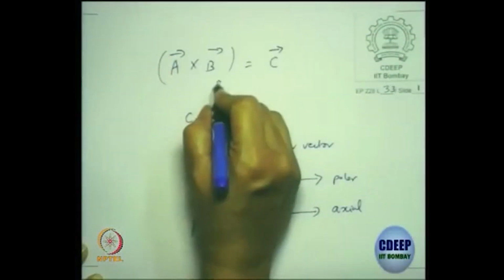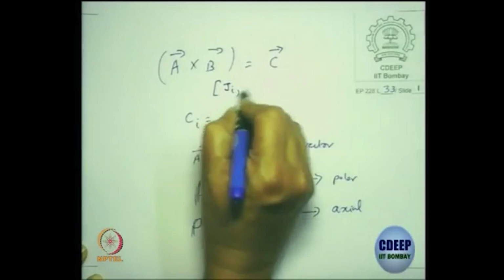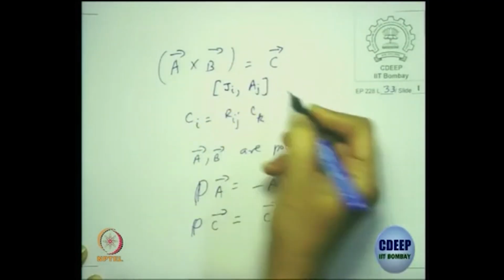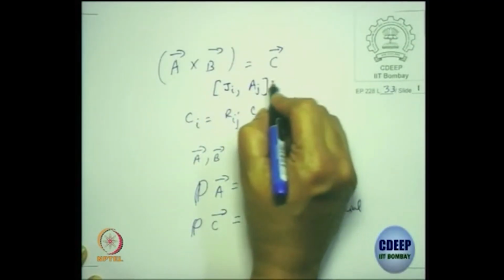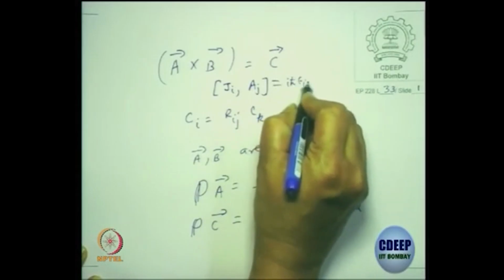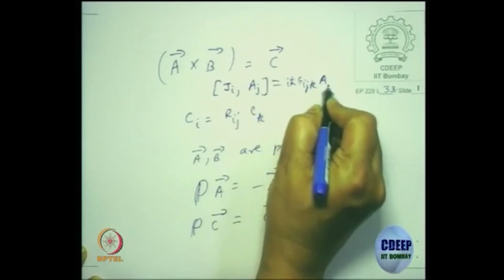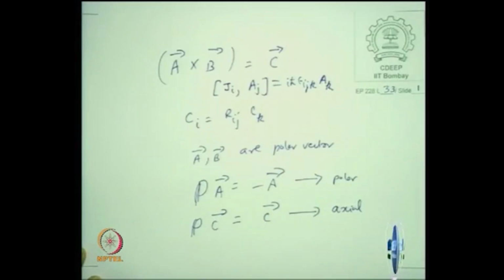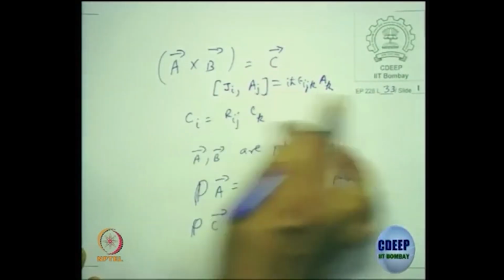So that will tell you how to find the commutator of J_i with A_j. This will be i h-bar epsilon_ijk A_k. I wanted you to check this.